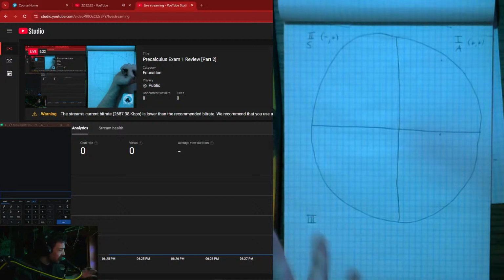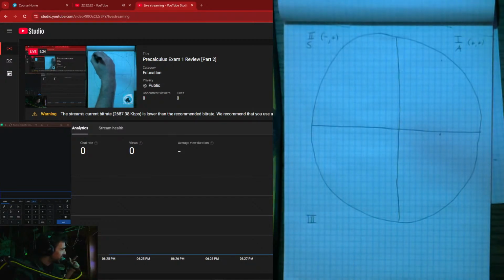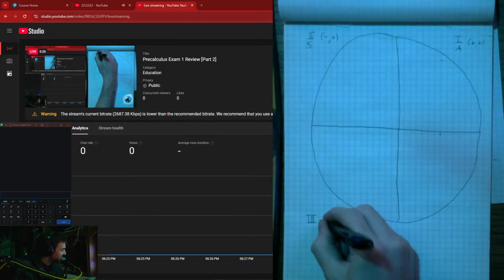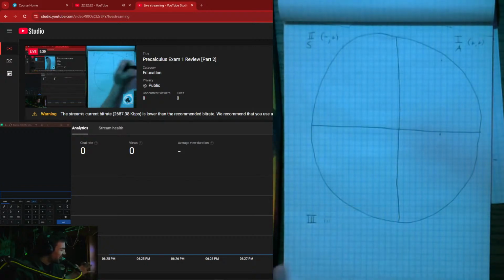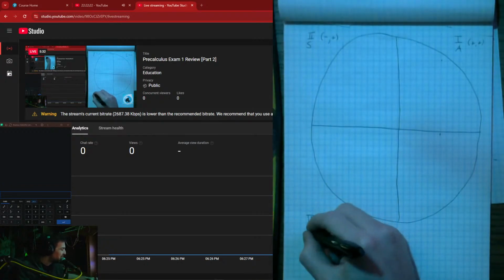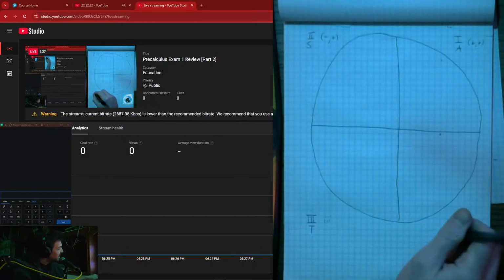Because I do music, I'm always tempted to write 3 like a minor 3, which is lowercase, but that's just in my brain. It's music theory stuff. And 4.